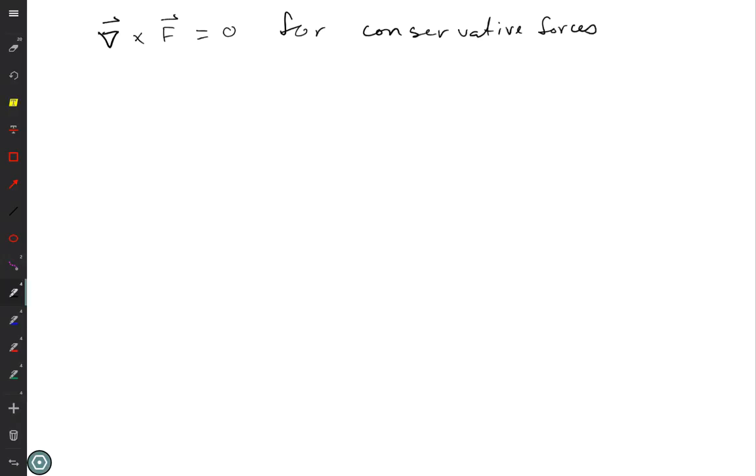How many people are familiar with cross products? Okay, good. That's at least half the class. The other half of the class, this is new. A cross product, also known as a vector product, is multiplying the perpendicular parts of the vectors. So the dot product was the parallel parts, the cross product is the perpendicular parts.